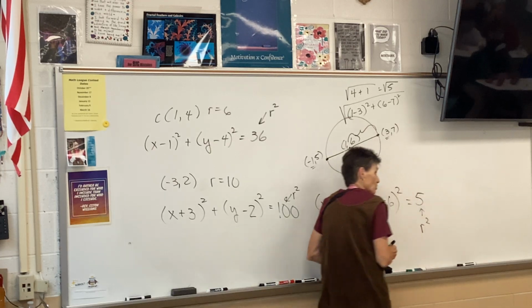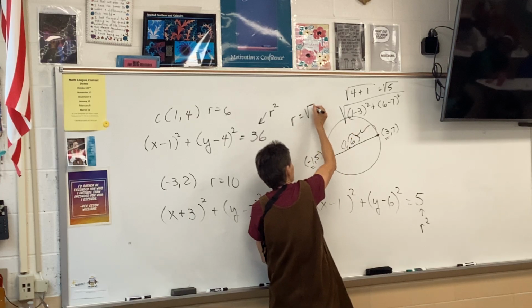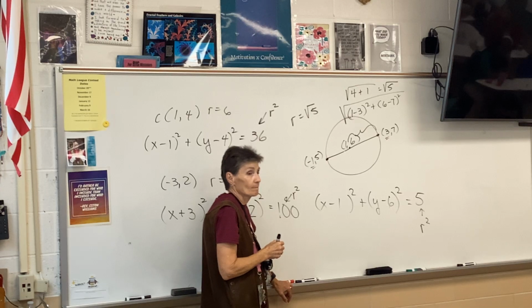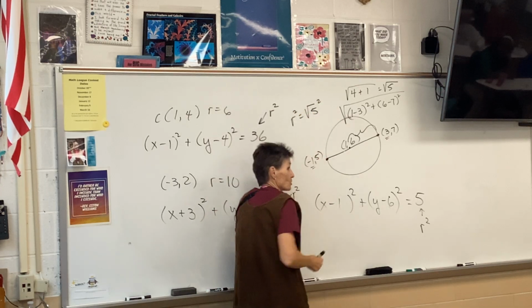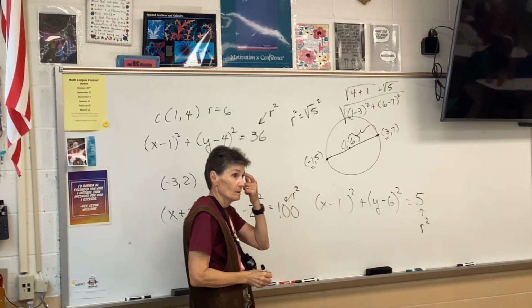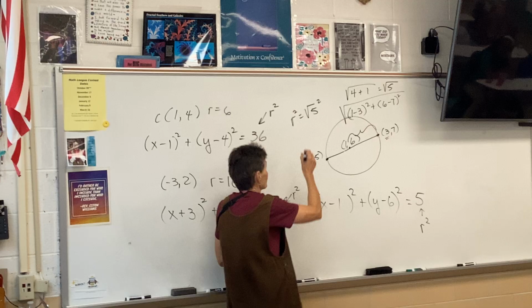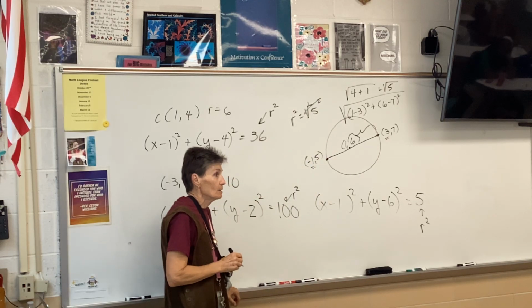All right, guys, let's make sure we follow that. You figured out that the radius was the square root of 5, right? What's the square root of 5 squared? Just 5. Remember, when you square a radical, you just get rid of the radical. You don't change the number.